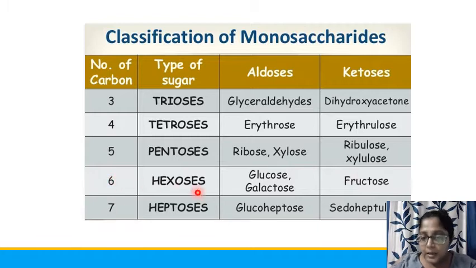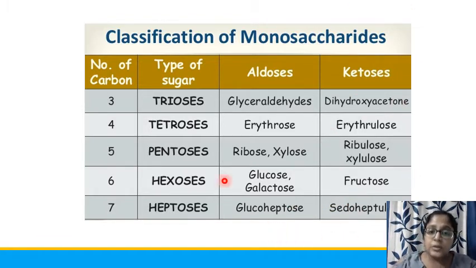The main thing which we will learn in detail, the most common ones, are the hexoses. That means these monosaccharides contain 6 carbons and are known as hexoses. The monosaccharides containing aldehyde groups are mainly glucose and galactose, and the one containing a ketone group is only fructose.